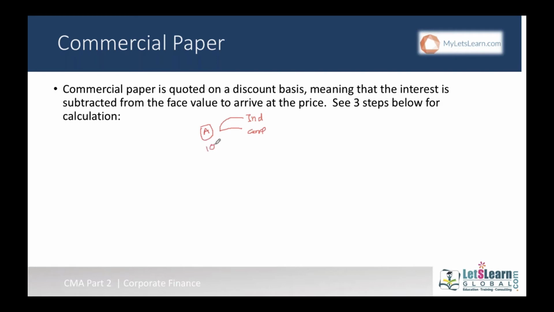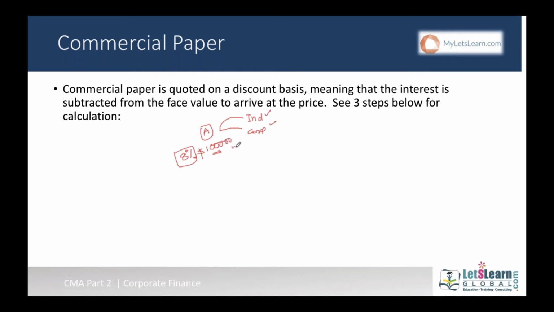Say each commercial paper value is $100,000. These promissory notes are issued to other individuals and corporates for a short period at a rate of, for example, 8%. The individuals who buy these commercial papers from company A will get interest at the rate of 8%. It's a short-term borrowing.